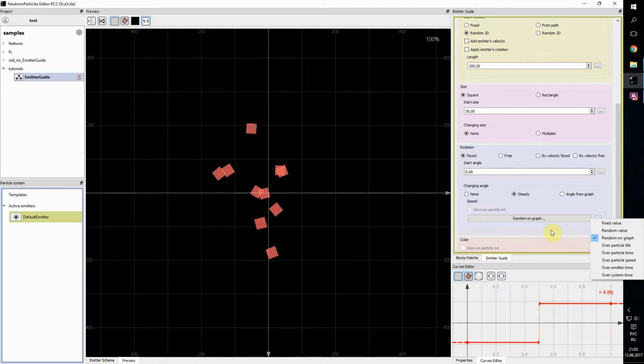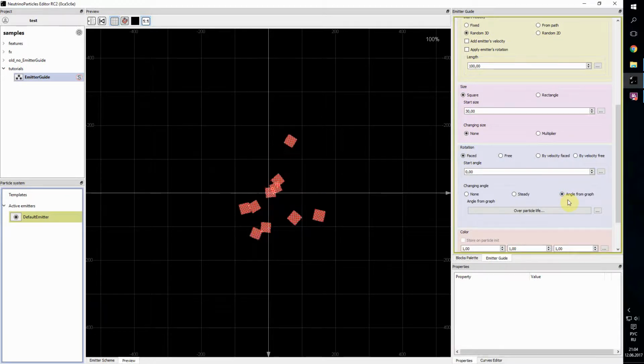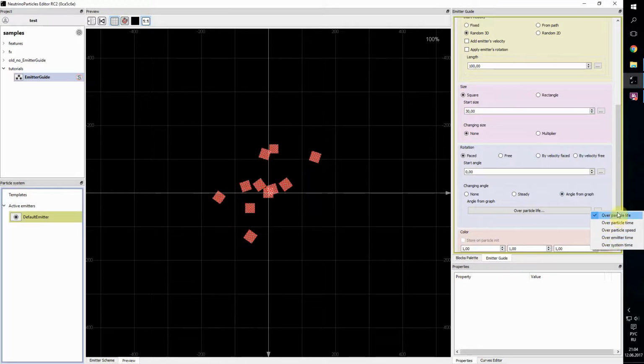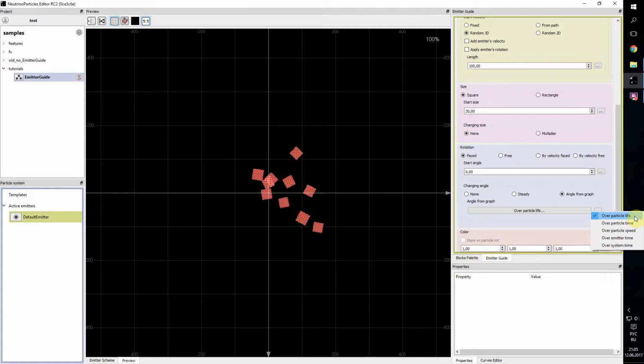So I suggest you play with them by yourself, and we will move to angle from graph, changing angle from graph. In this mode you simply have several graphs where you can specify the rotating angle, which will be added to the start angle. You can make an over particle life graph, or particle time, particle speed, emitter time, or system time.